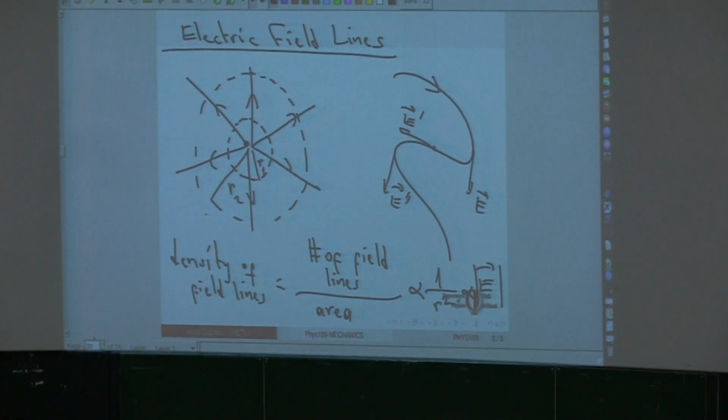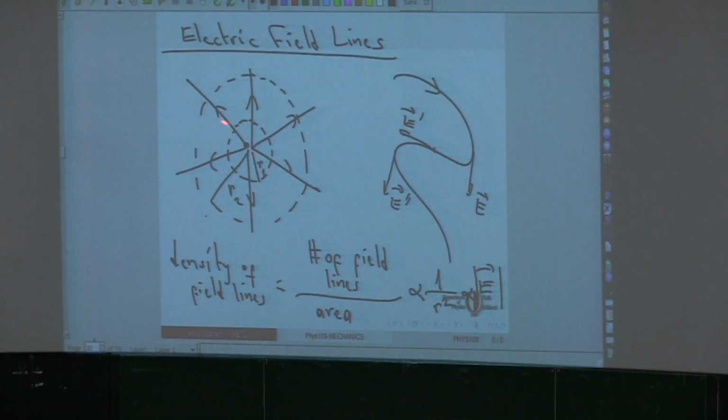Well, the direction information was kind of easy. We could say that if you have any line, there's a tangent to it, and the tangent at every point gives you two directions. You just choose one of the directions for your line, and that gives you the direction of the electric field. So that was the easy part. Now the more complicated part was how about the magnitude?